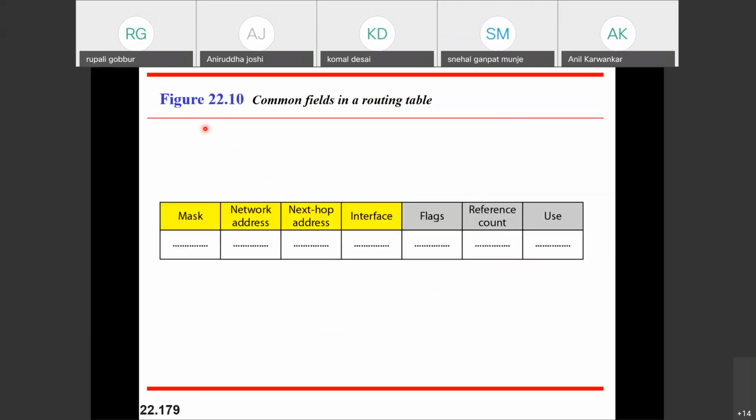The common fields that are available in the routing table: the mask, which defines the starting address and the ending address, which can define whether your terminal is part of the internal network or an external network. Then the network address, then the next hop address, then the type of interface.